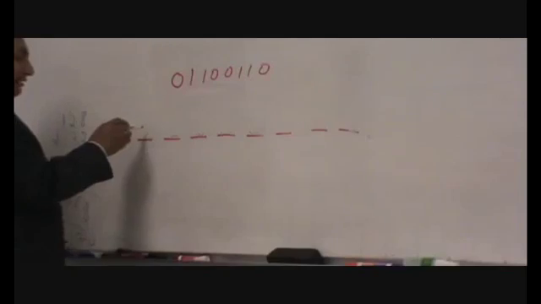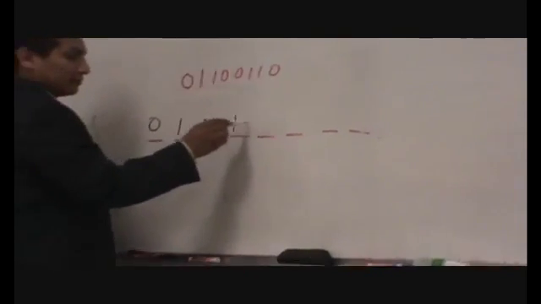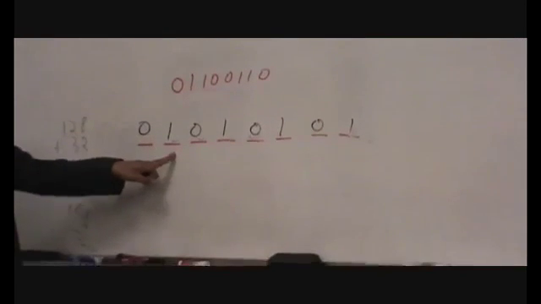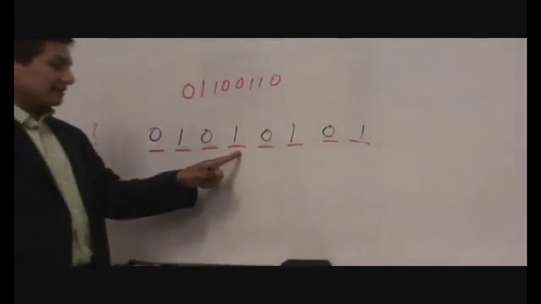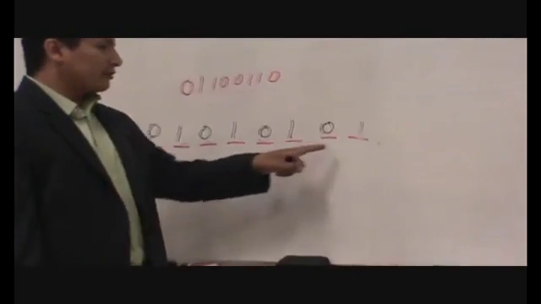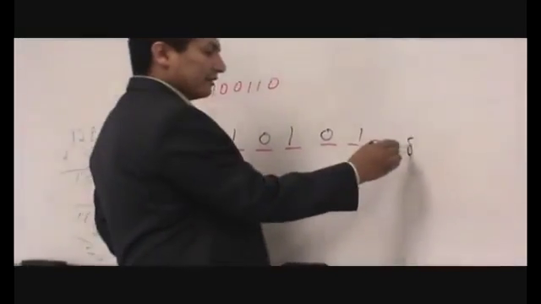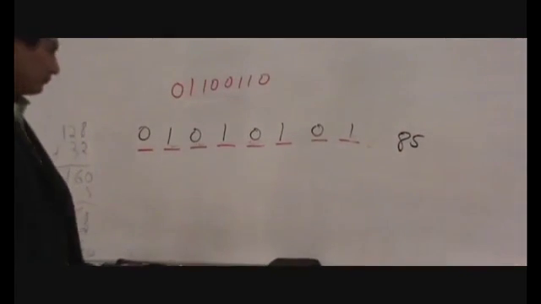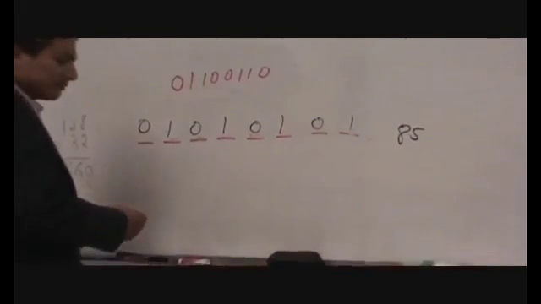So if you get a number like this one, for example, you should be able to figure out that 32 plus 16 plus 4 plus 1 equals 85. Just like that. It takes a little practice.